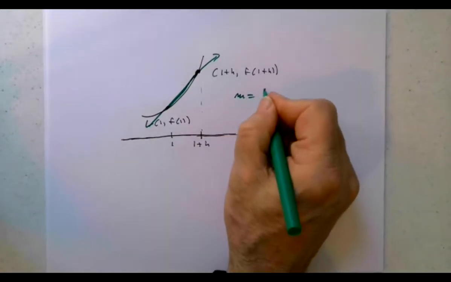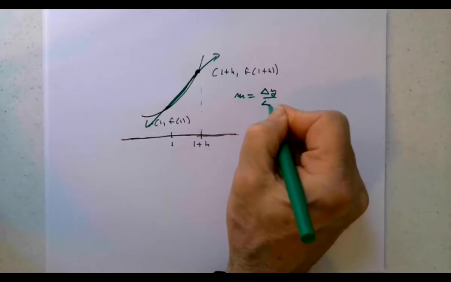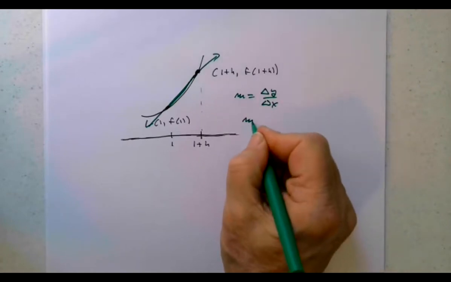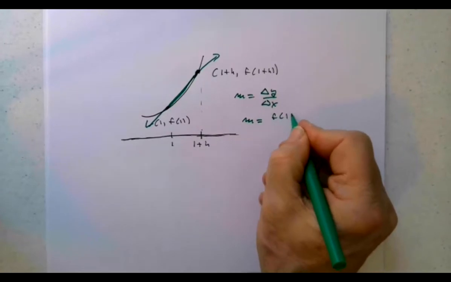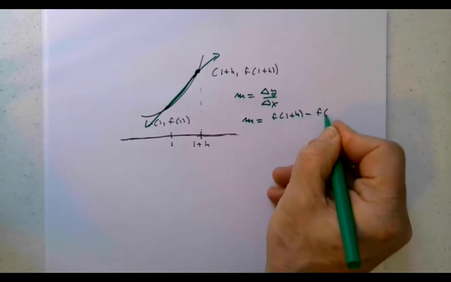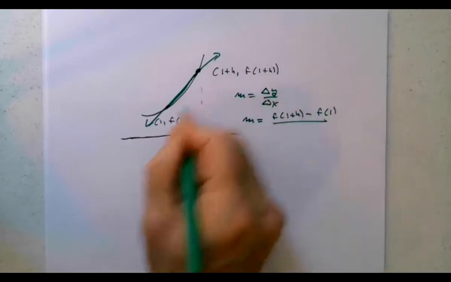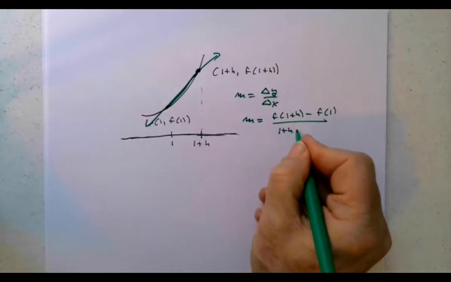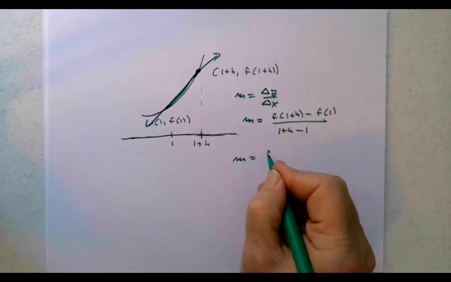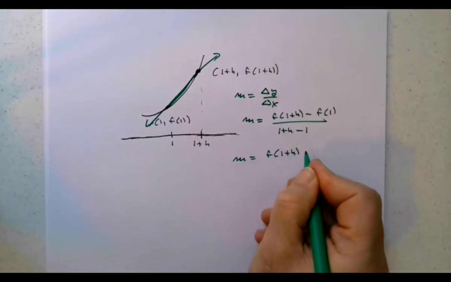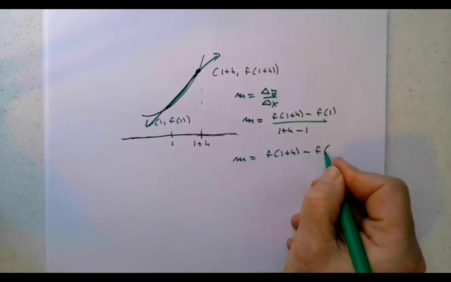Slope is change in y over change in x. Change in y, f of 1 plus h minus f of 1. Change in x, 1 plus h minus 1. So we get our slope will be what? Will be f of 1 plus h minus f of 1 over h.